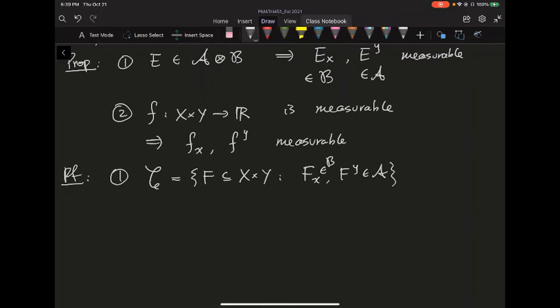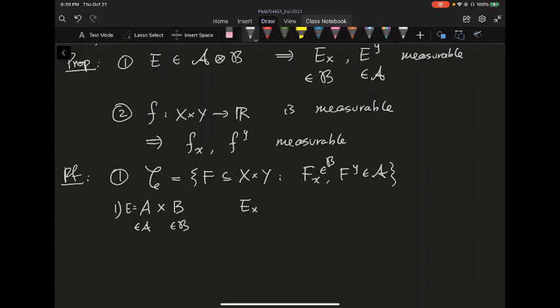All right. So first of all, why is that? Let's see. If I give you a box, A cross B, where A is in A and B is inside B, let E be equal to that. Then it just follows from the definition, because you have a box, the E_x.